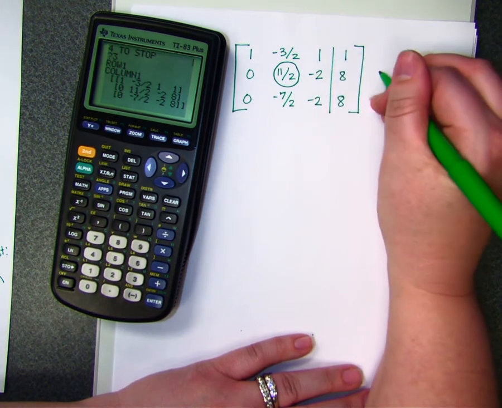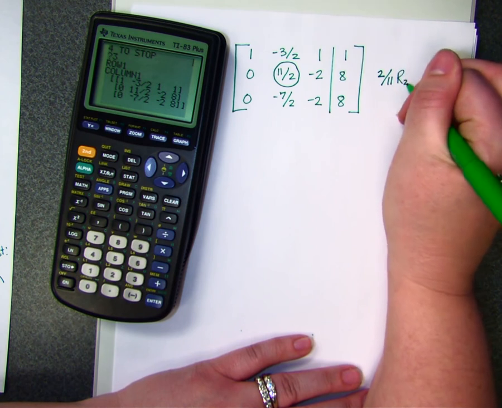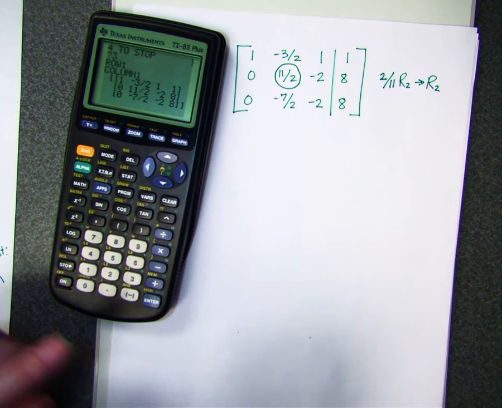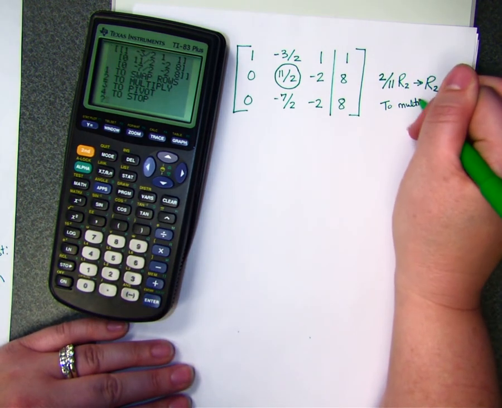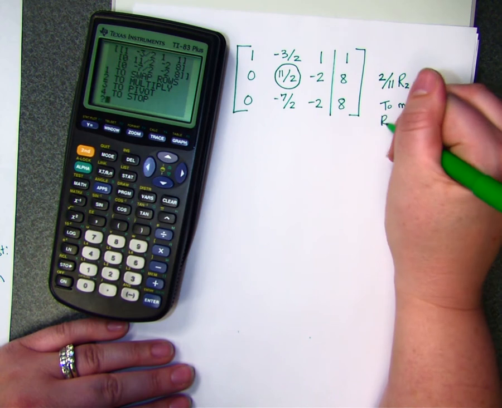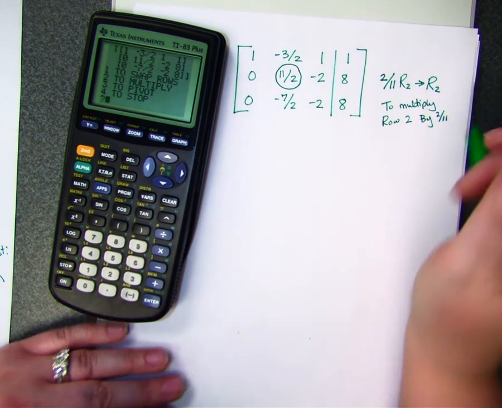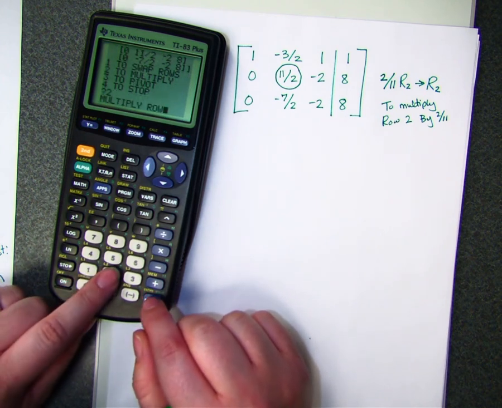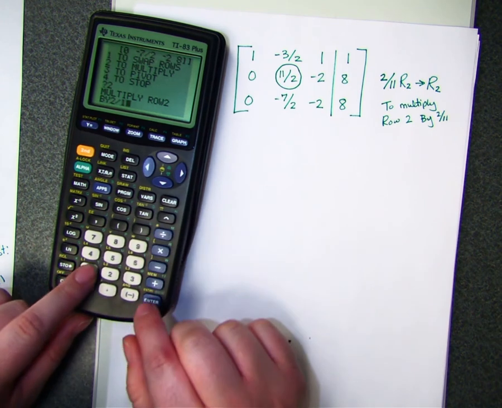We multiply by the reciprocal. The reciprocal of 11/2 is 2 over 11, and this is row 2 where we need this 1, so this will create a new row 2. In your calculator, this is to multiply, and we'll be multiplying row 2 by 2 over 11. So choose option 2 to multiply row 2, hit enter, by 2 over 11.